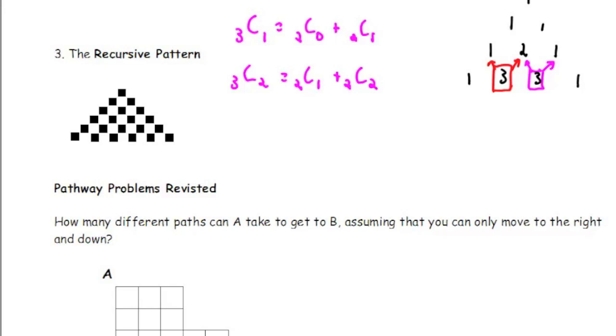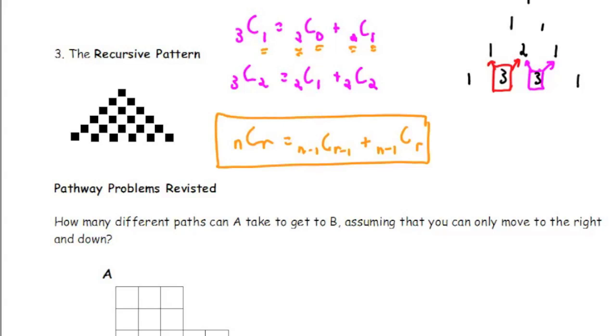2 choose 2. Okay, so can we write this much like we did before, a generalized equation given this property? Well, if we start with nCr, that has to be equal to n minus 1 C r minus 1 plus, again, n minus 1 C r.